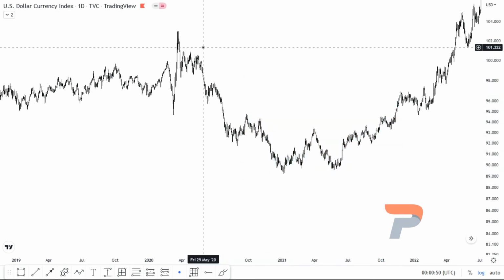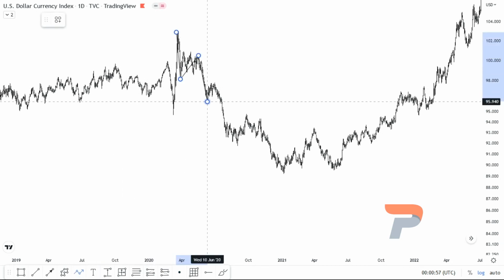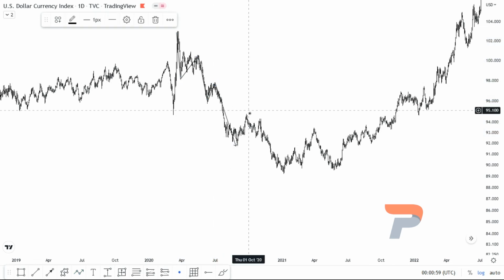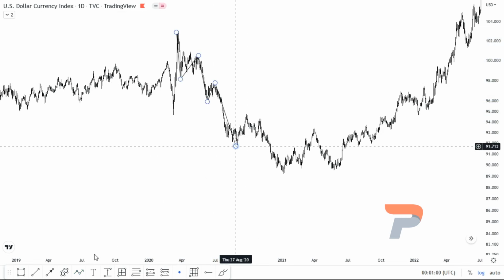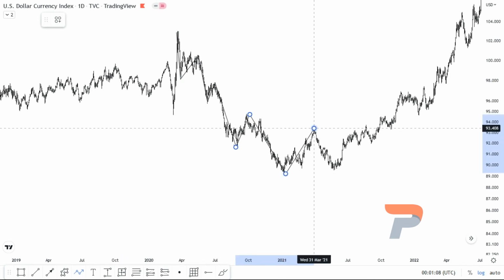Okay. Now, what were we having? We were having lower lows and lower highs in the market. Okay, let's continue. Lower lows and lower highs. Okay. Now, what happened here?